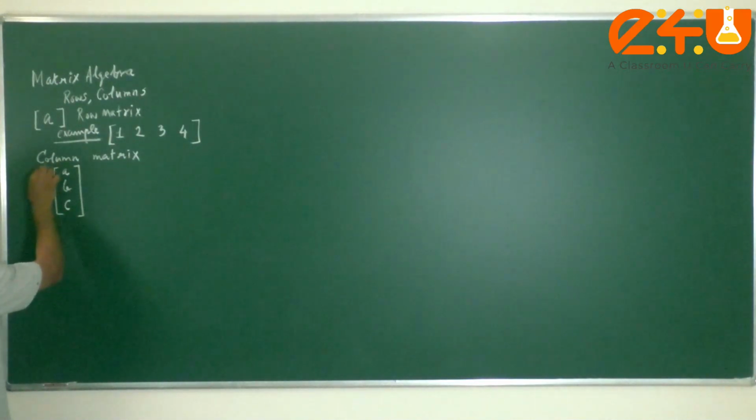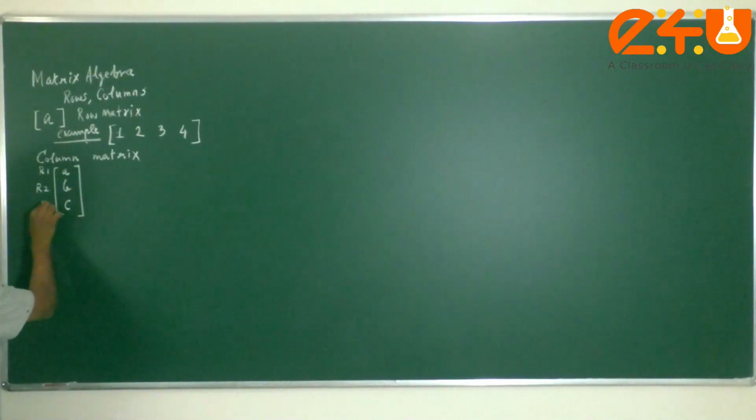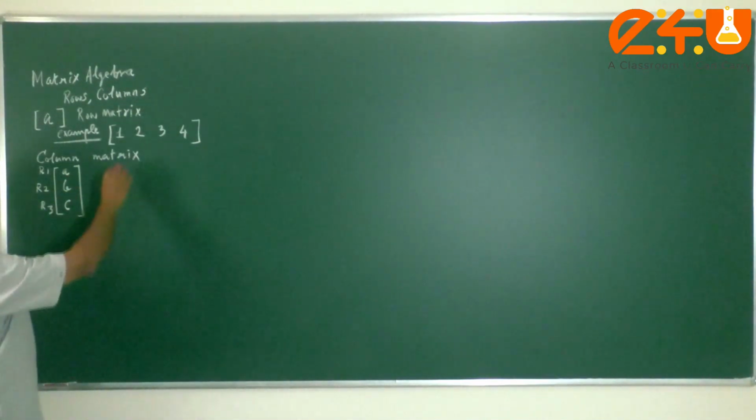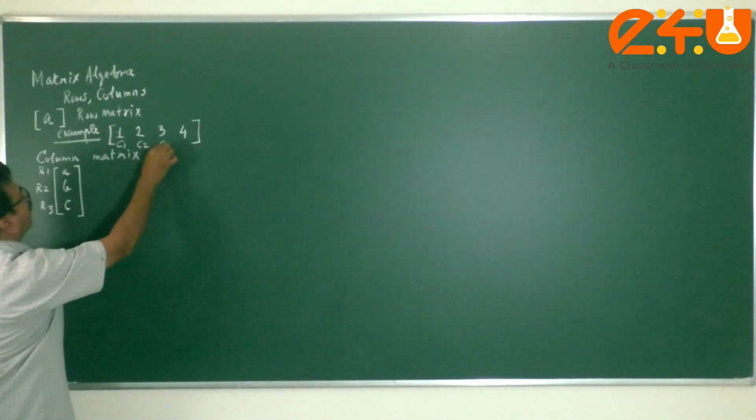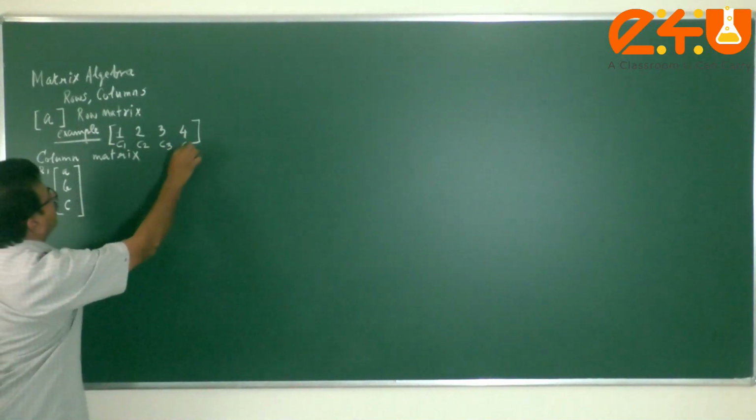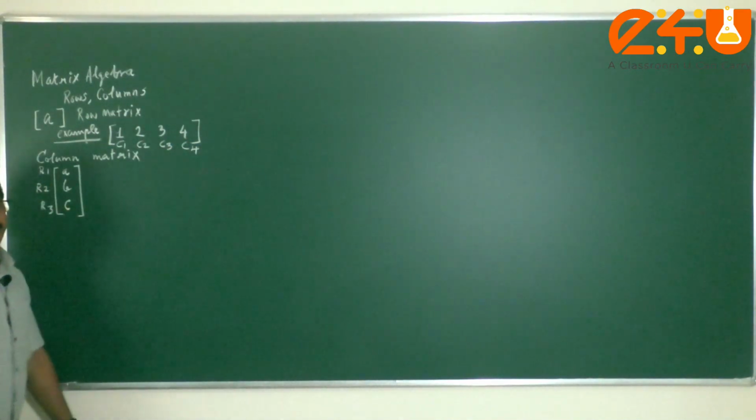Let me name the rows as row 1, row 2, row 3. Similarly, in the row matrix, I can name the columns as column 1, column 2, column 3 and column 4.